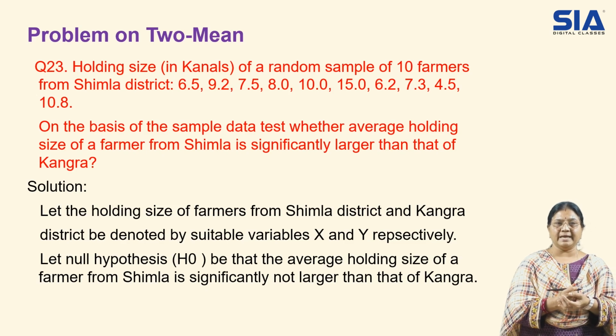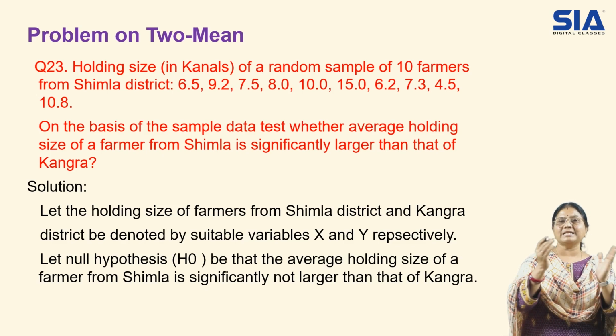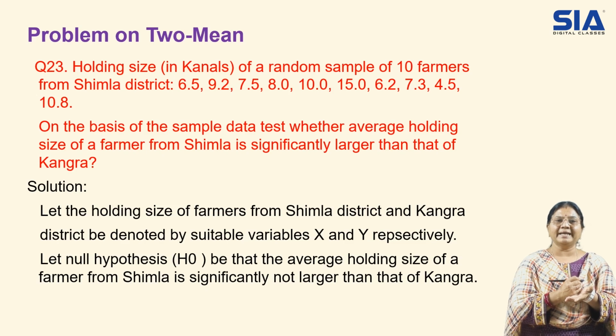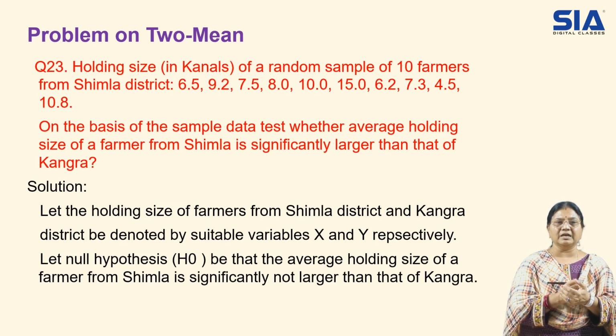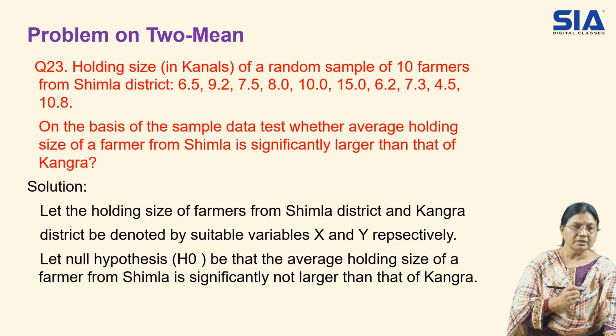The problem says: the holding size in kernels of a random sample of 10 farmers from Shimla district is given, and another set of data is given for the other sample. On the basis of the sample data, test whether the average holding size of a farmer from Shimla is significantly larger than that of Kangra. The solution is given. Now let us take the solution. So see the solution.